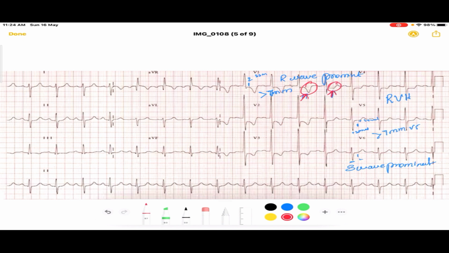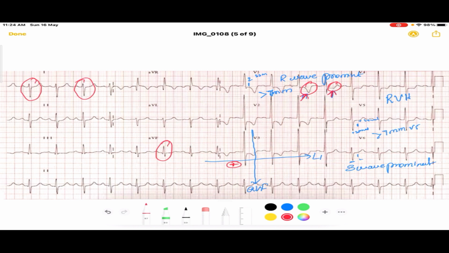Now let's see axis deviation. Again, to see axis deviation, we'll look at lead 1 and AVF. First, lead 1 is a negative wave. Then coming to AVF, AVF is a positive wave.